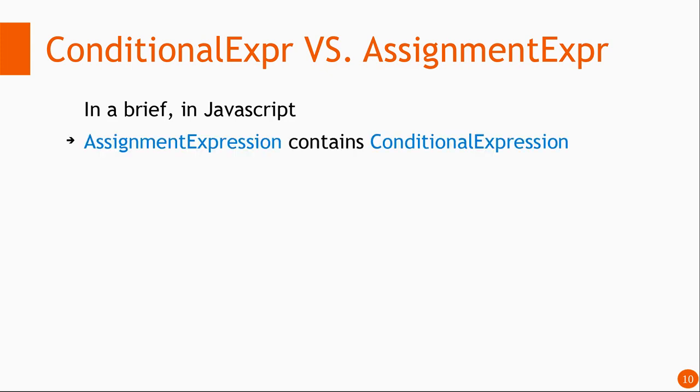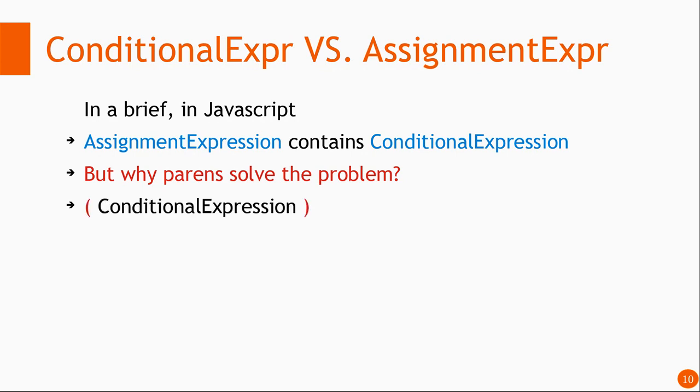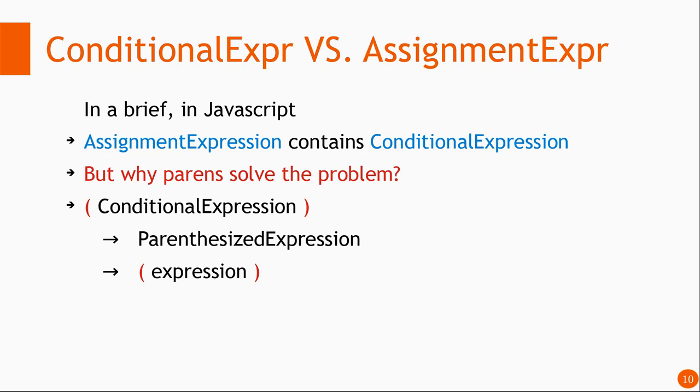If the third expression is constrained to be a conditional expression, then it implies that you cannot just write an assignment. But why do parentheses solve the problem? Because the parentheses make it a primary expression. That is to say, if you surround a conditional expression with parentheses, then it's converted to a parenthesized expression, which is actually a primary expression.